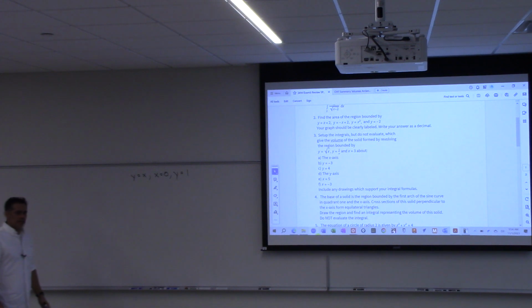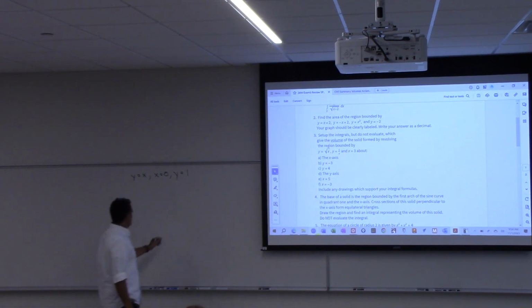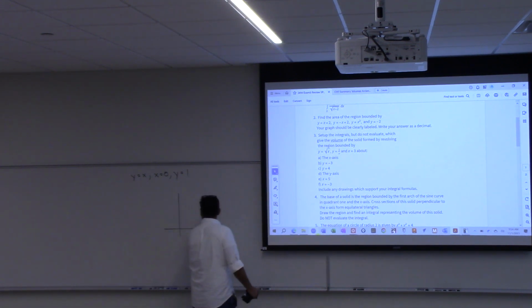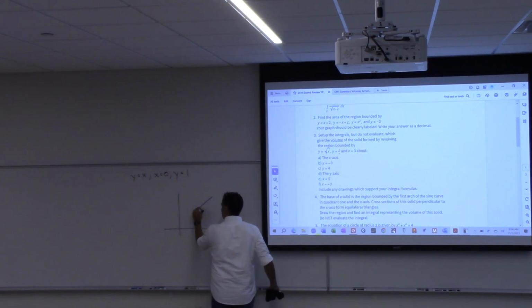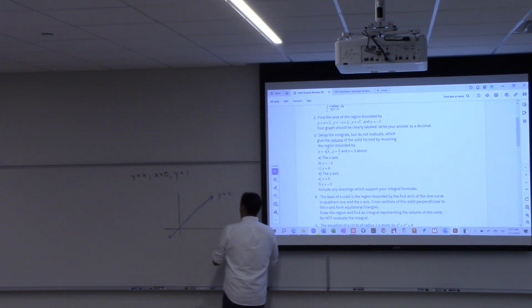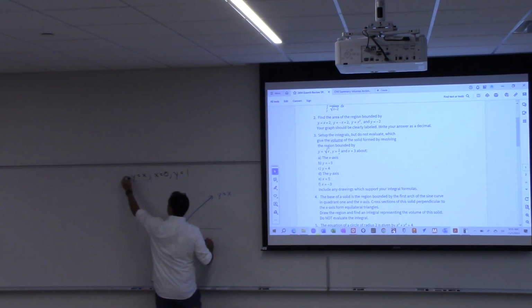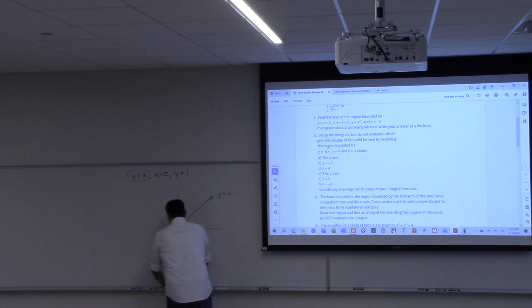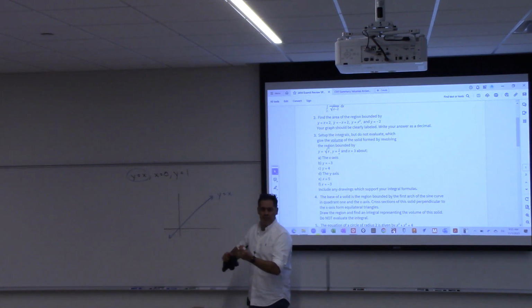Let's draw that region first, and then we'll talk about it. So do we know what y equals x looks like? Okay, it's a diagonal line, right? This is y equals x. And then x equals 0. X is 0 is the y-axis, isn't it?